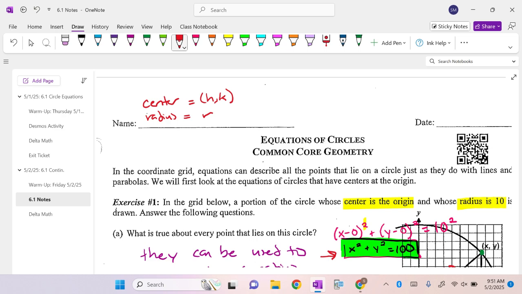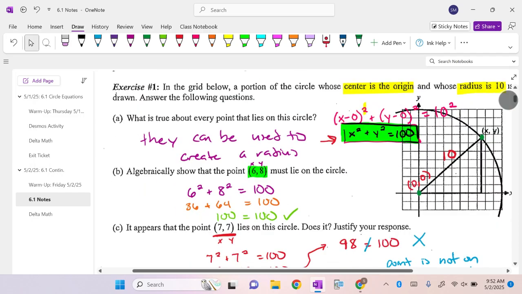Then the equation of a circle, or the circle equation, would be (x minus h) squared plus (y minus k) squared is equal to r squared. All right, so you're basically just writing exactly what's on the board, but in the red. And by that, I mean on the board in expo marker.